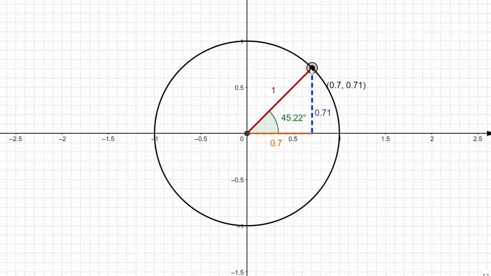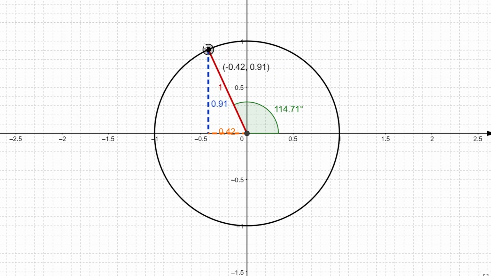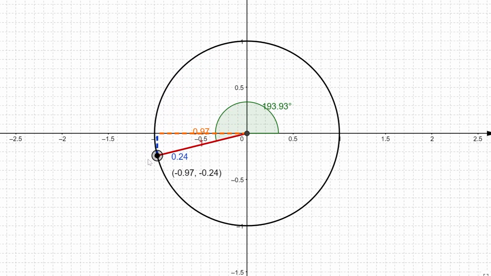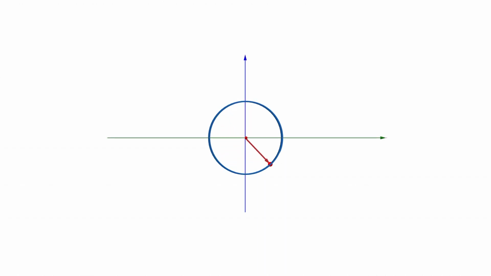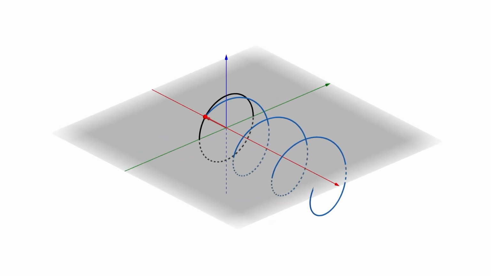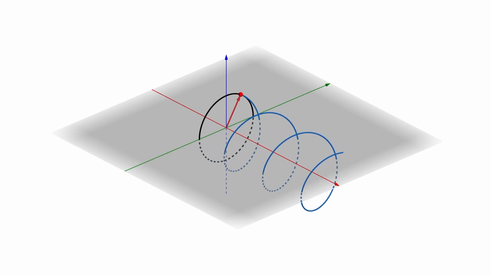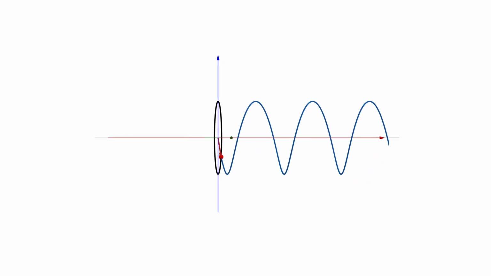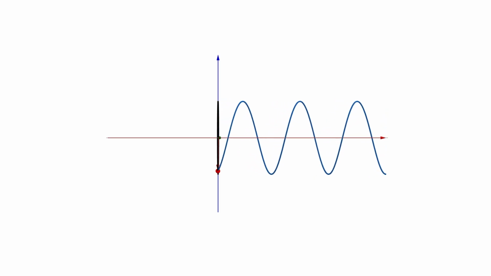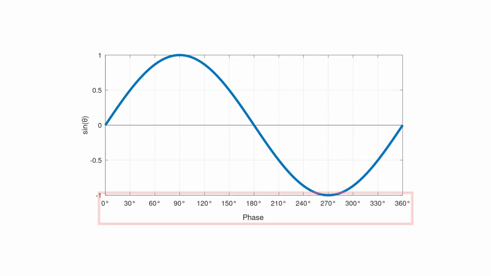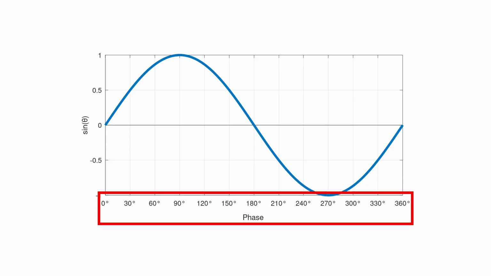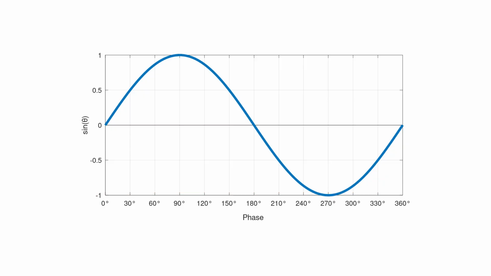A gradual increase in angle is basically a circular rotation. And we can consider the sine wave as a single dimension of the circular rotation. The phase of a wave is the specific moment of the circular rotation the wave is at, between 0 degrees and 360 degrees. For example, when the phase of a sine wave is 90 degrees, its value is 1.